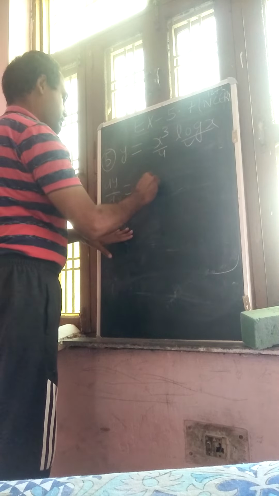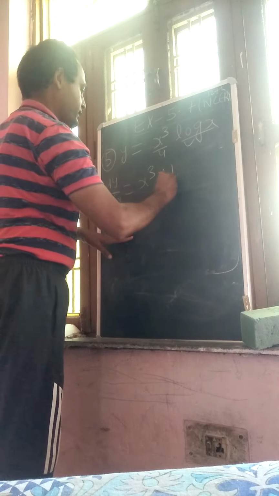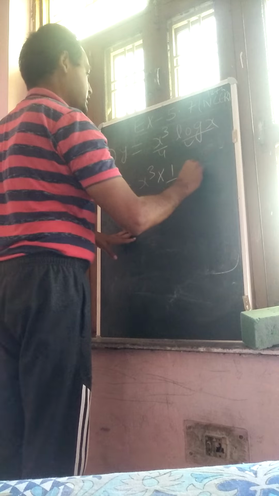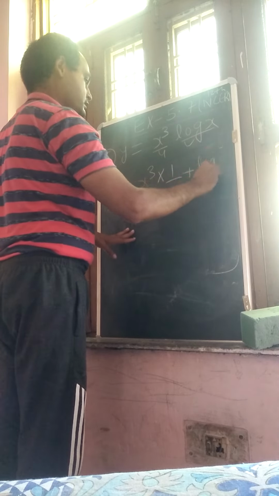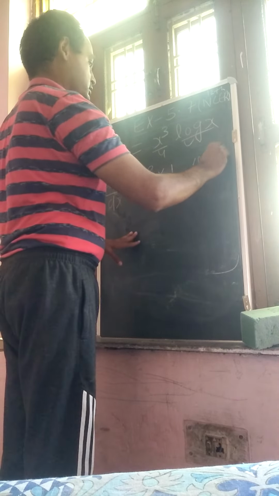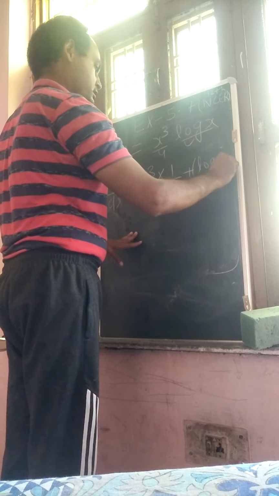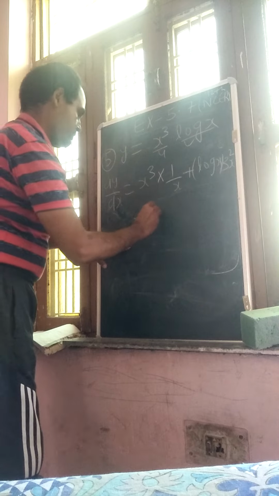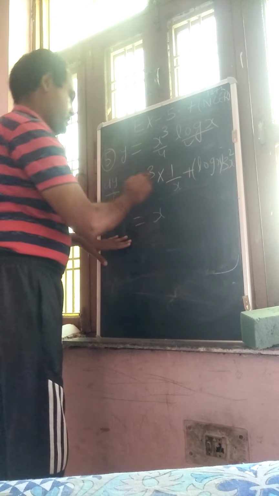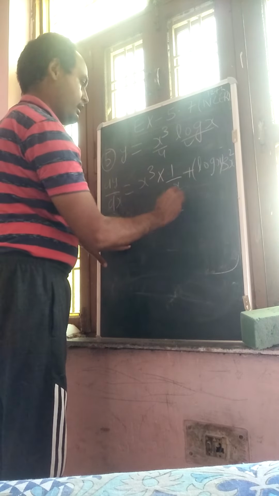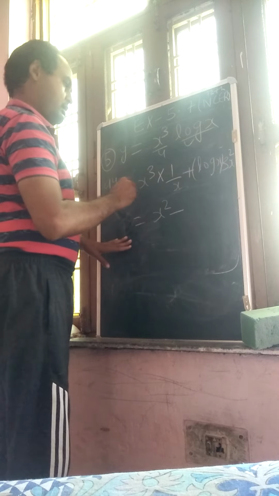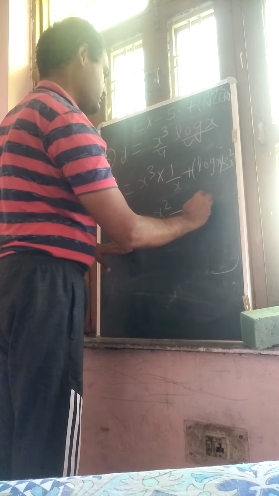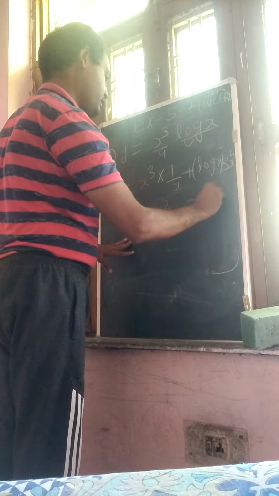First of all, we have to write x to the power 3 into 1 upon x, plus log x into 3x square. So x cubed over x is x square, and the other term is 3x square log x.